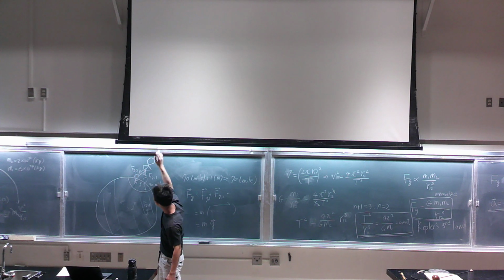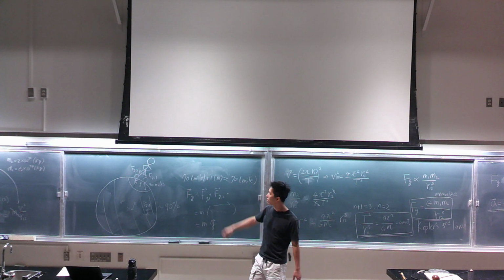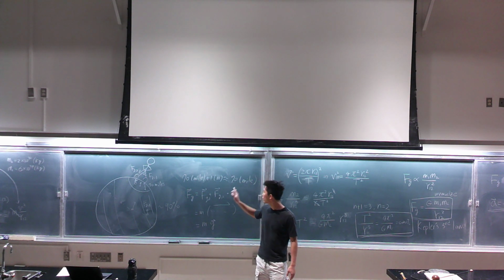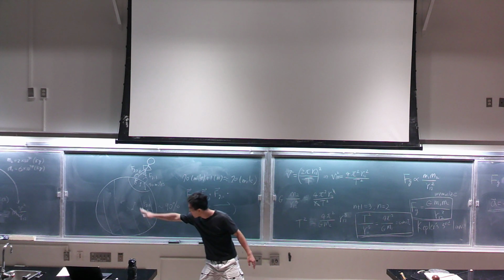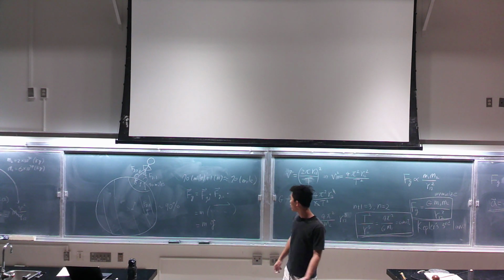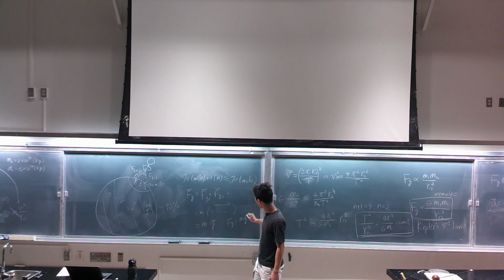When you go really far away into outer space, this will change, but if you're just jumping around on Earth, this is basically a constant because the distance to the outer part of the Earth is not changing that much. And this is also why for projectile motion, you have the force of gravity equals your mass times acceleration, and mass cancels.